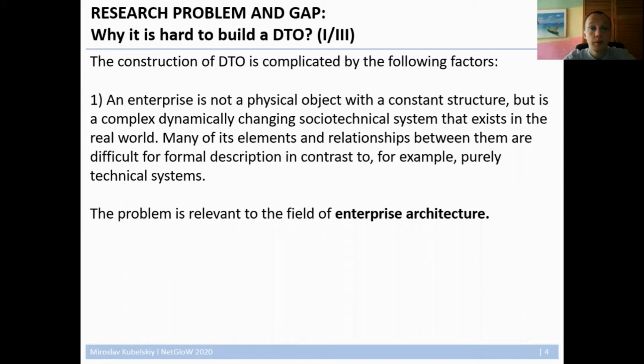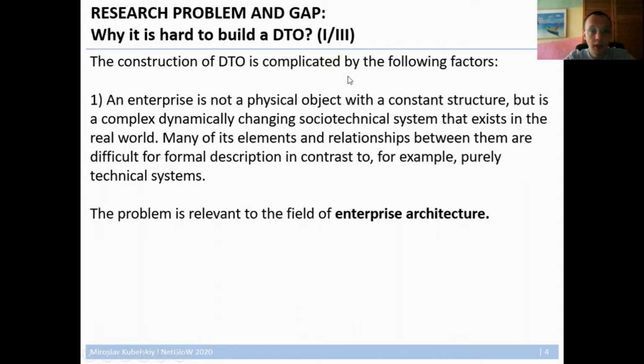As it was mentioned before, many types of physical objects can play the role of object for modeling. The construction of a digital twin of organization, or DTO, is complicated by three main factors.